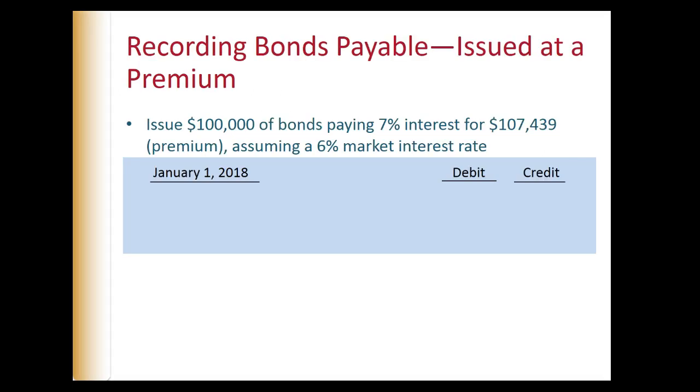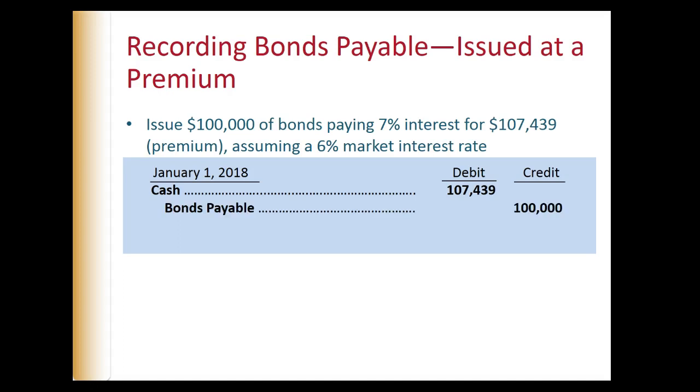Now let's assume California Coasters issues $100,000 of 7% bonds when other bonds of similar risk are paying a market rate of only 6%. The bonds will issue at $107,439. Investors will pay more than $100,000 for these 7% bonds because bonds of similar risk are only paying 6%.